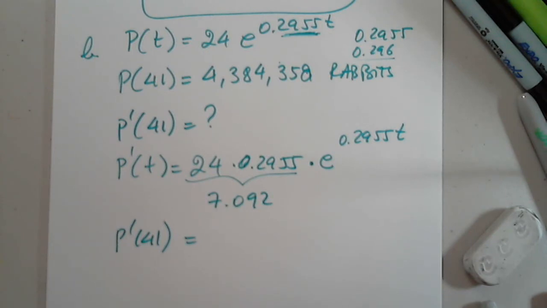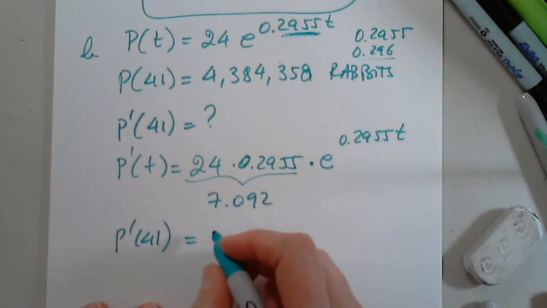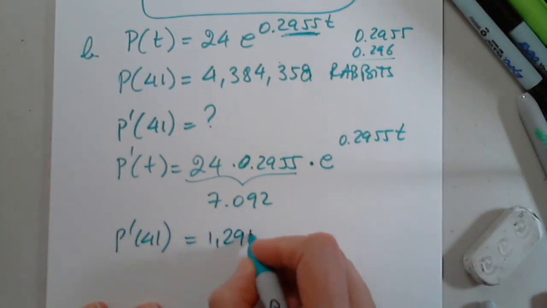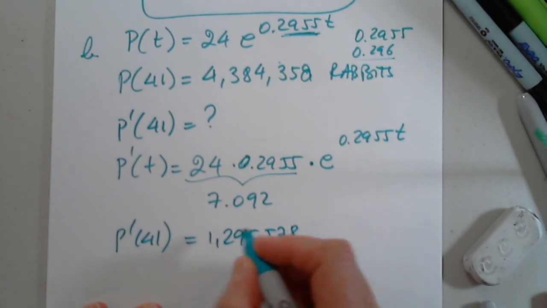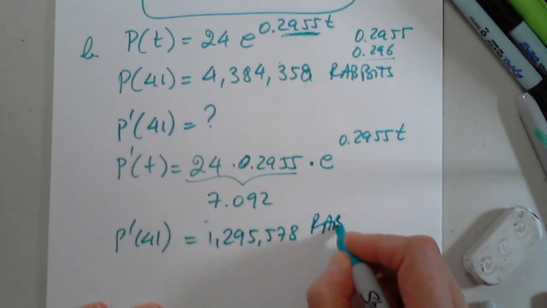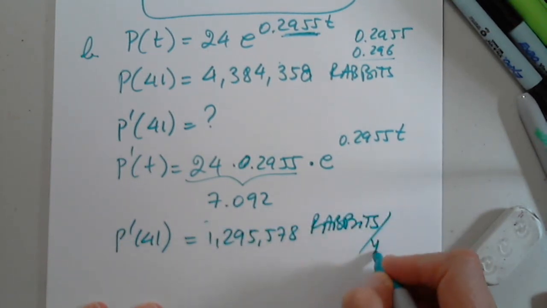And I simply want to plug in 41, and it will give us 1,295,588 rabbits per year. Gee whiz. 295,578 rabbits per year.